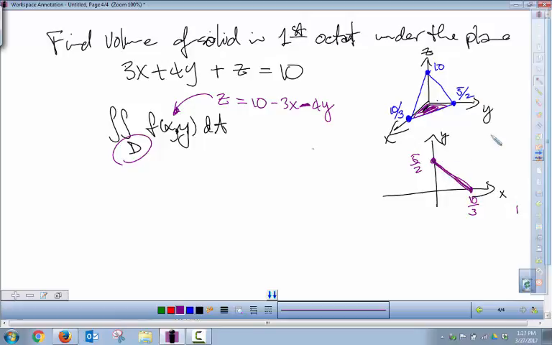There's another way to do this using this function, using this graph, using this plane. Where am I on the xy plane? On the xy plane, I have z equal to 0, right? So this equation over here is going to be 3x plus 4y is equal to 10. That's this line right here.